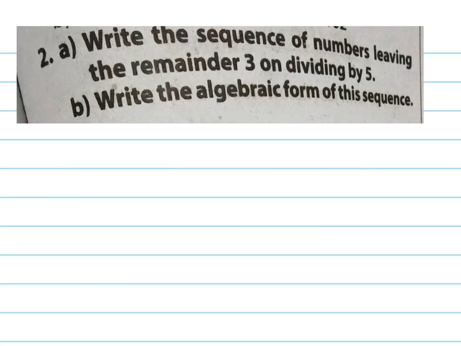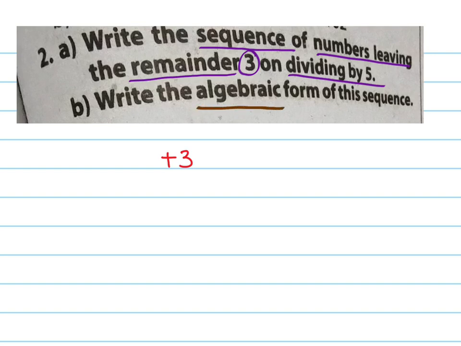Now the next question is, write the sequence of the numbers leaving the remainder 3 on dividing by 5. That means we want to get the sequence of numbers when the remainder is 3 and we are dividing by 5. So remainder 3 means you should have plus 3. I'm trying to get the algebraic form, so I'm doing part B first here.